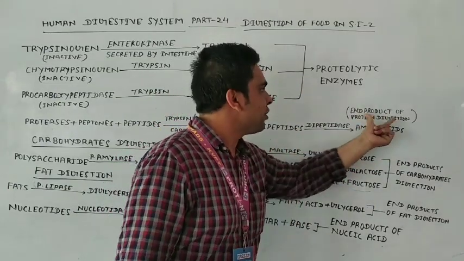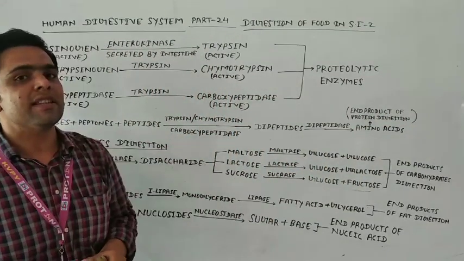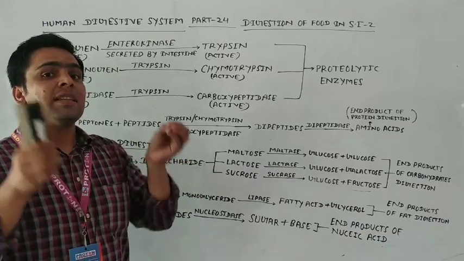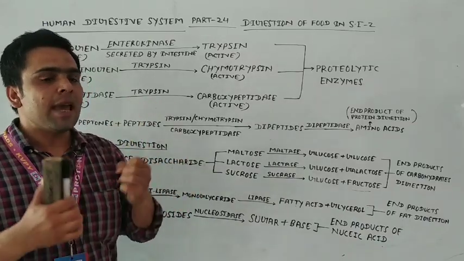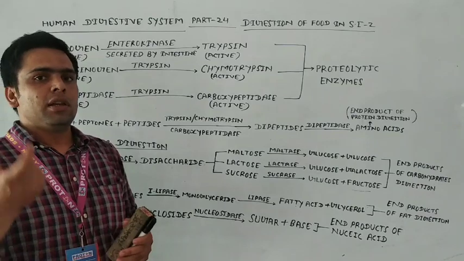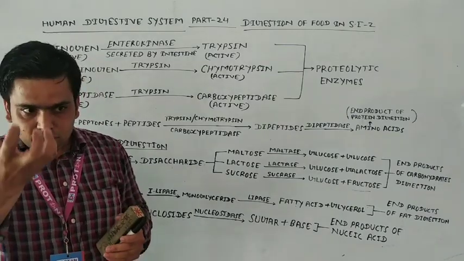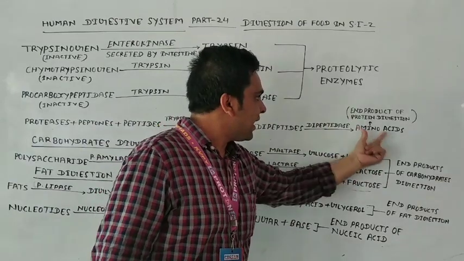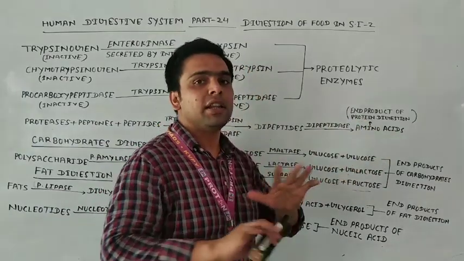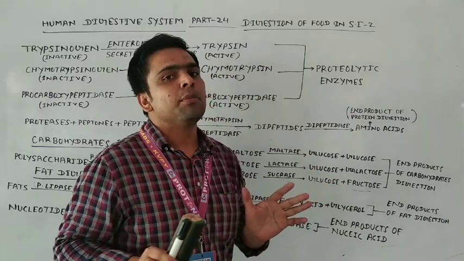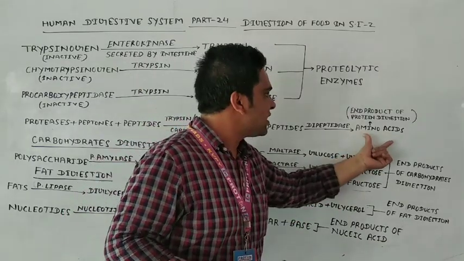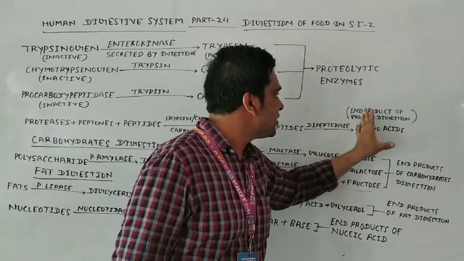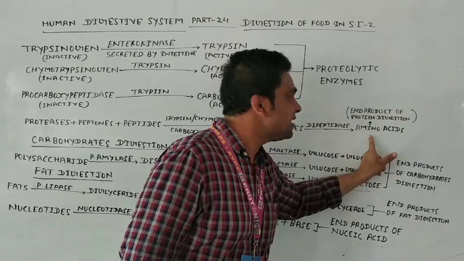In other words, this is the form of protein which is absorbed by our small intestine, by the mucosal layer, by the villi. This is the last form of protein, and further digestion is not possible. So I mentioned here that the end product of protein digestion is amino acids.